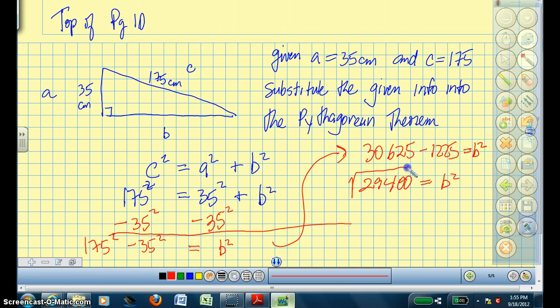Take the square root of both sides, and you get B is equal to approximately 171 centimeters.